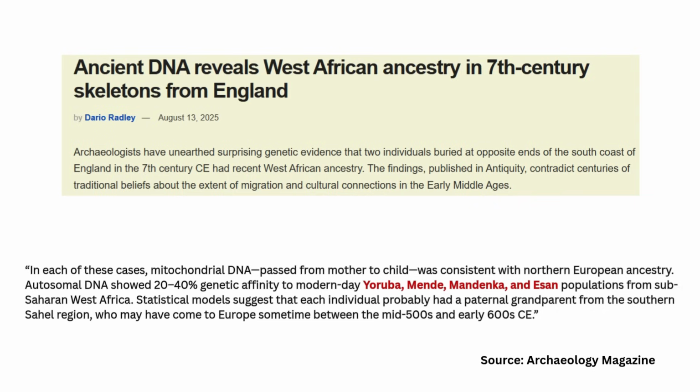All of these groups, by the way, these are all tribes where the Y-DNA haplogroup is E1B1A. And they say that these people came to Europe sometime in the mid-500s and 600 CE. These were Jews who migrated to Europe.